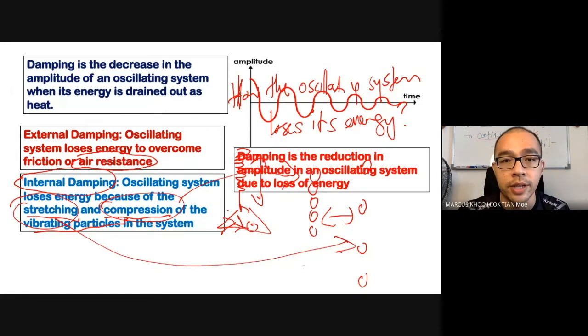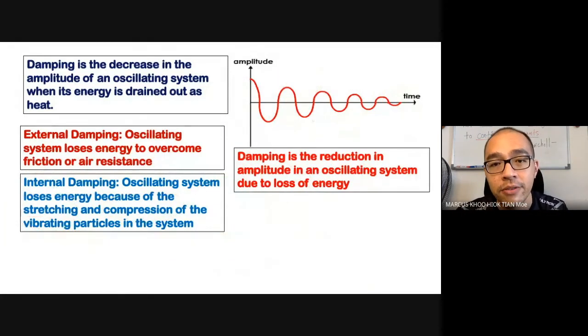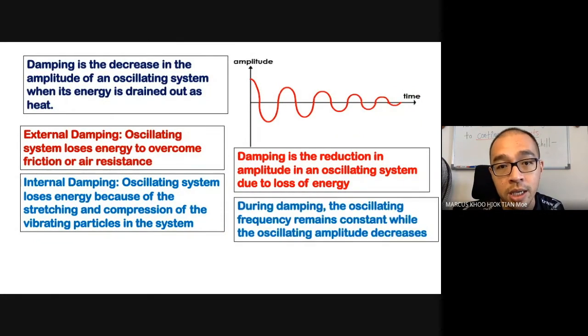Sorry. So damping is the reduction of amplitude in an oscillation due to the loss of energy. During damping, the oscillating frequency remains constant while the oscillating amplitude decreases. This is what I want to mention now. Look at the frequency.